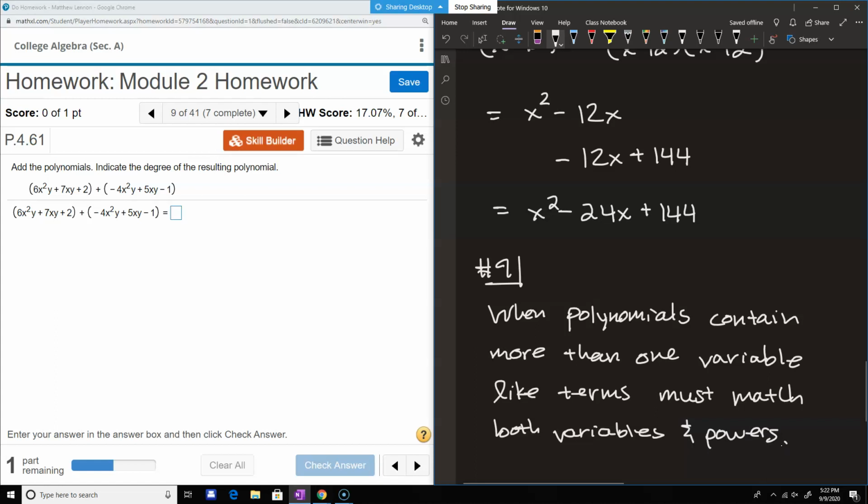So for instance, xy is a different term than an x squared y term because the powers of x don't match, even though they do have both letters.